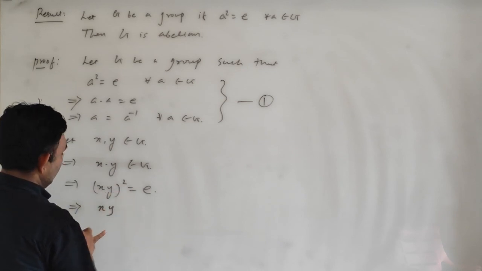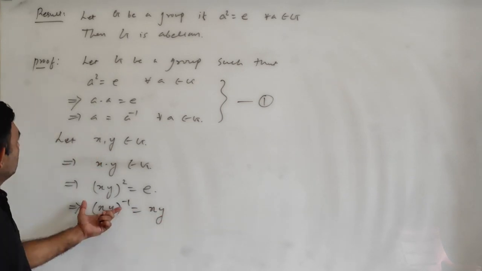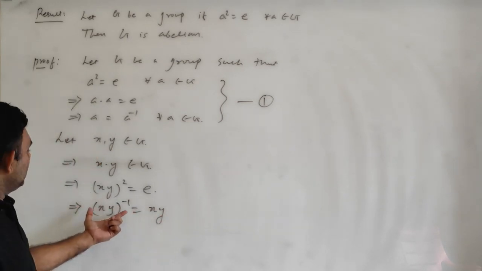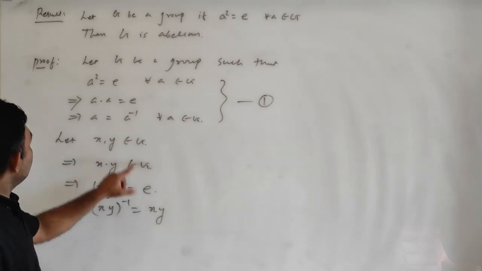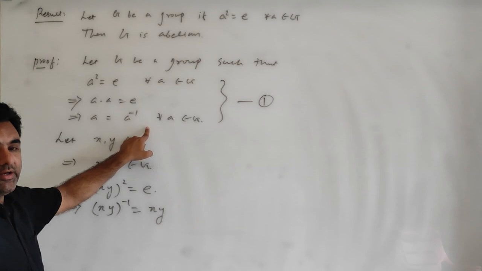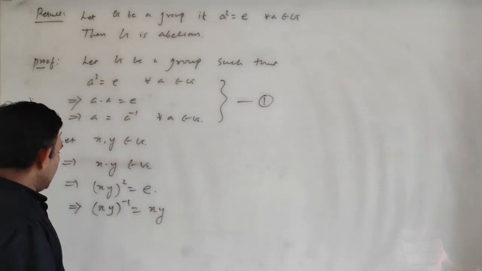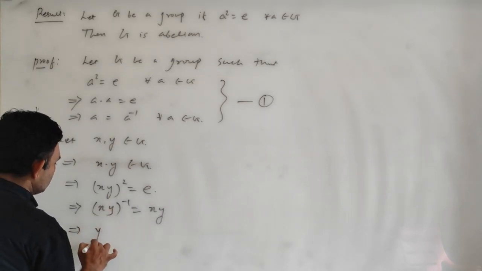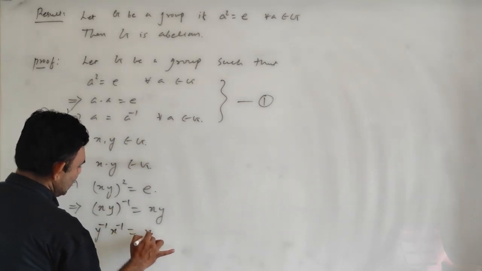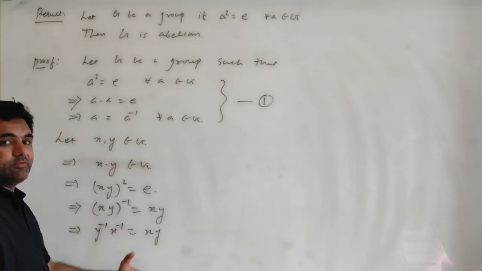So (xy) inverse is the same as xy. I can write it this way: (xy) inverse is xy, because if a square is identity, then a is equal to a inverse. But I know that I can distribute this minus power in reverse order by the socks-shoes property. So it is y inverse x inverse equal to xy.